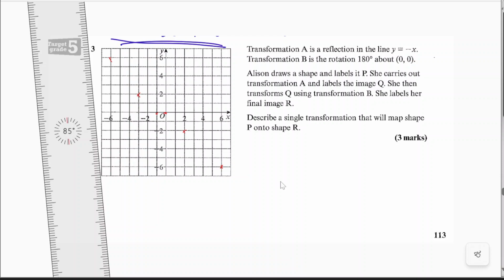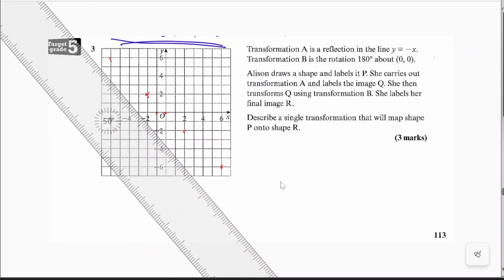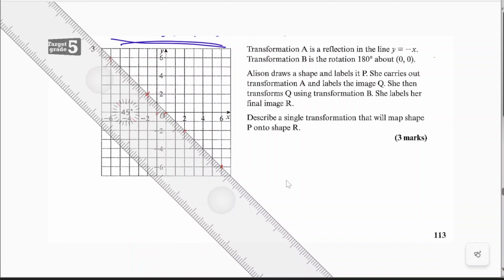So this isn't actually drawn accurately. Okay, so that point should be there, that point should be there. So the scale of the graph is actually slightly out. Provided we've spotted it, it's not a massive issue.